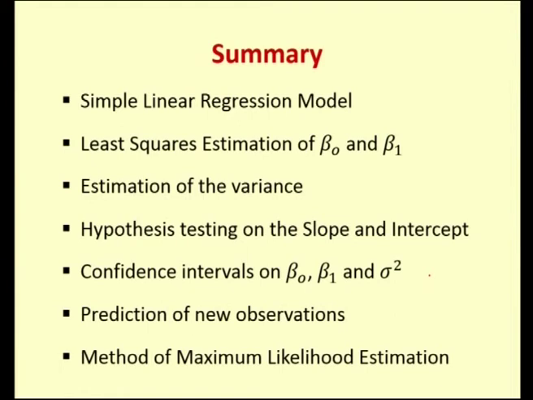Confidence intervals for beta naught, beta 1 and sigma squared are obtained, and we have done prediction of new observations. Finally, the other method of obtaining the estimators, that is, the method of maximum likelihood estimation, is also discussed, and we compared the method of maximum likelihood estimation with the method of least squares.